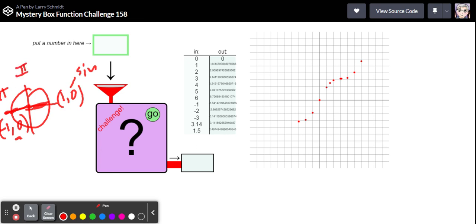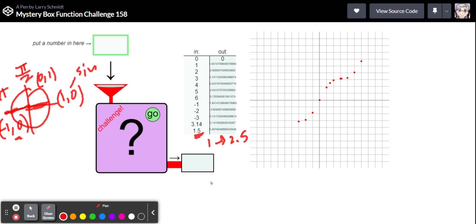Because up here at pi over 2, the sine should be, this should be the point 0, 1. So the sine should be 1. And at pi over 2, we're at 2.5, basically. Oh, look at that. So I expected 1, but we got 2.5.